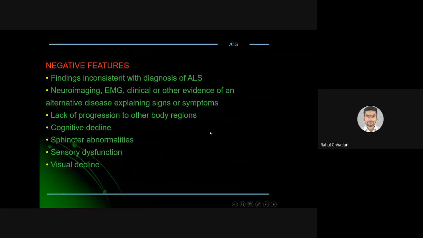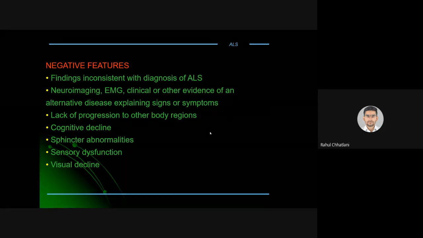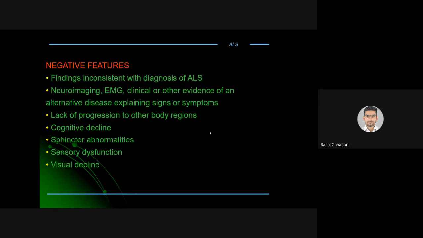But if there are these changes, then these are negative features, which we also talked about at the start in the clinical features. If these are present, then 100% the patient does not have ALS. So findings inconsistent with a diagnosis of ALS are neuroimaging, EMG, clinical or other evidence of an alternative disease explaining the signs and symptoms.